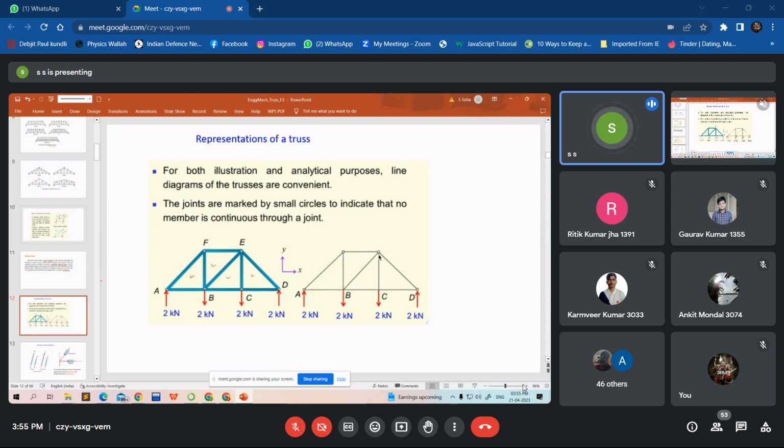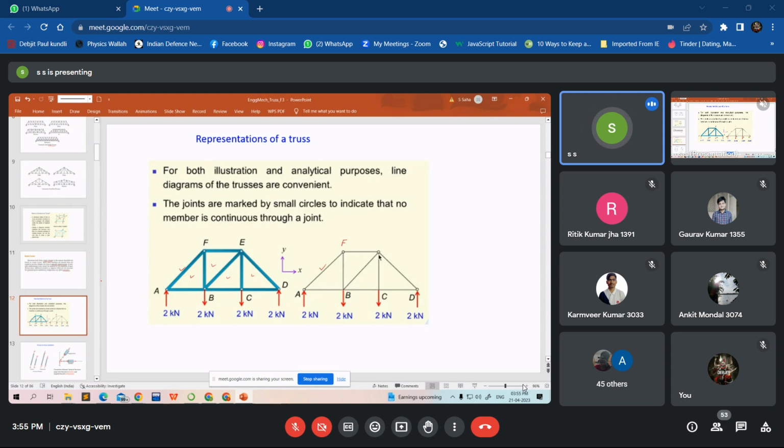So this figure is more or less a representative model of the actual truss in the field, but for analytical purposes we just represent it with a line. This element is now AF. A line with two nodes, two circles, represents the joints.